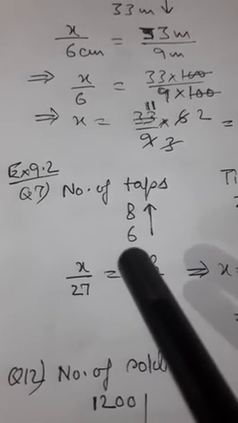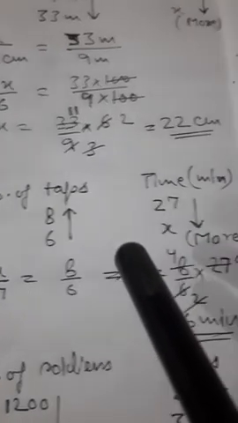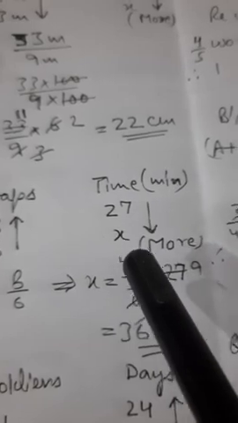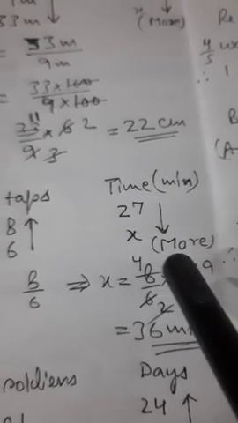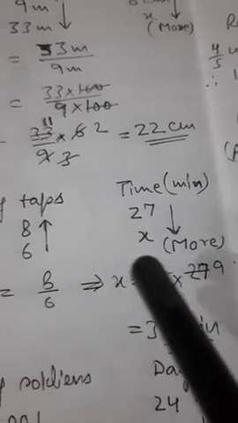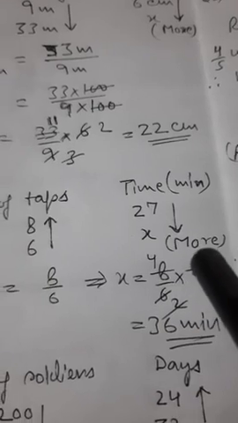Yes, if the number of taps are less, they will take more time to fill the tank. So that is why when we place the arrow towards x, x will be more. Less taps, more time.